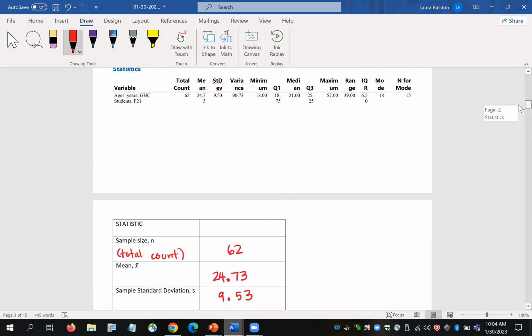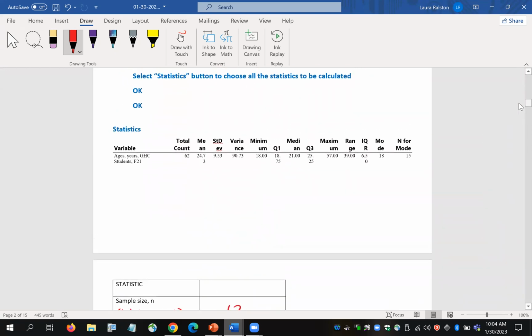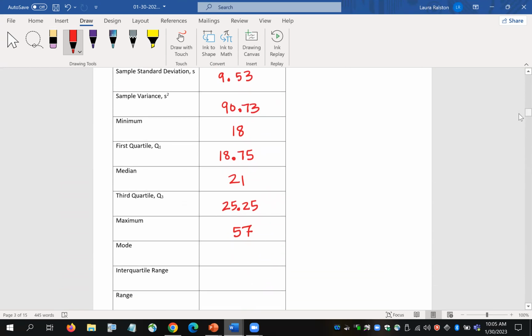The mode, now be careful, the mode is out here at the end. Okay, and it really tells you two things. It tells me what value was the mode, and then it tells me how many times it occurred. So the mode was 18 and it occurred 15 times. So I have 18.